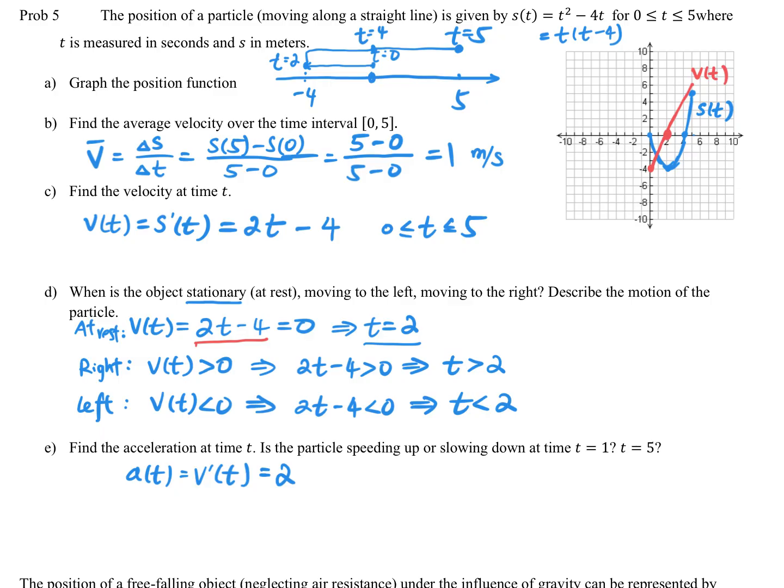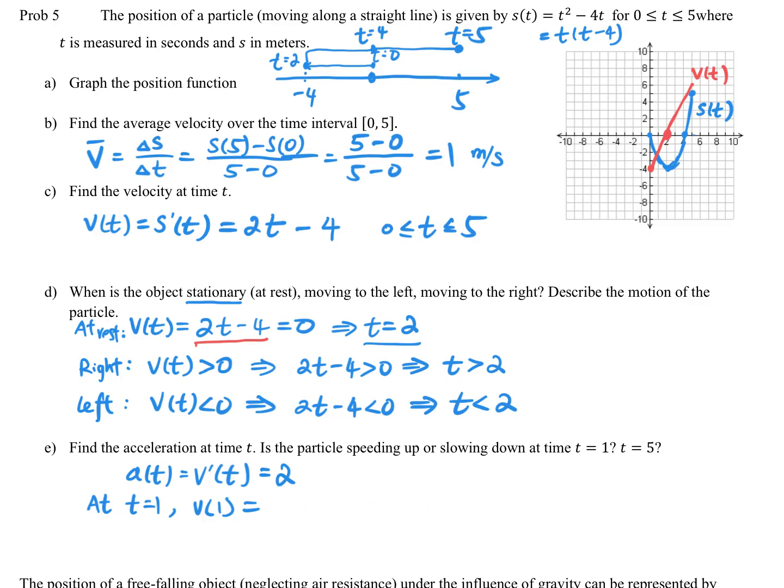Let's check. At time equals 1, let's check the velocity. When the time is less than 2, which in this case 1 is less than 2, we actually know this guy is to the left, right? So v of 1 is actually less than 0. You can check: 2 times 1 minus 4 is equal to negative 2, less than 0.